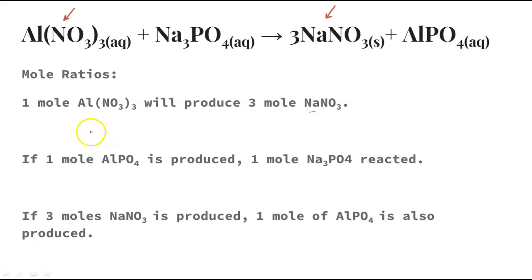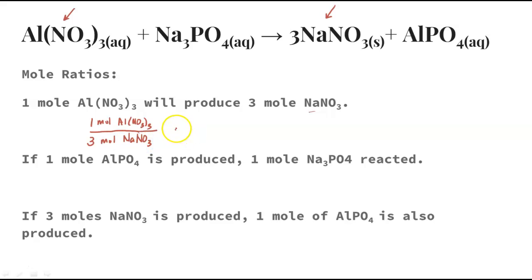All right, we've done conversion factors before. We've done conversion factors where you always have 1 mole over a certain number of grams, but we can use conversion factors for mole-to-mole ratios as well. So simply I would write 1 mole of aluminum nitrate is going to always produce 3 moles of sodium nitrate.